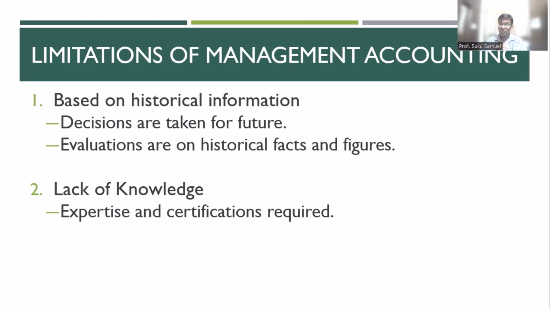So decisions for the future are based on historical figures, historical facts, right? There might be a good chance that you may be in for a surprise in the future. No matter how much analysis, calculation or insight you have carried out, you may be in for a surprise.